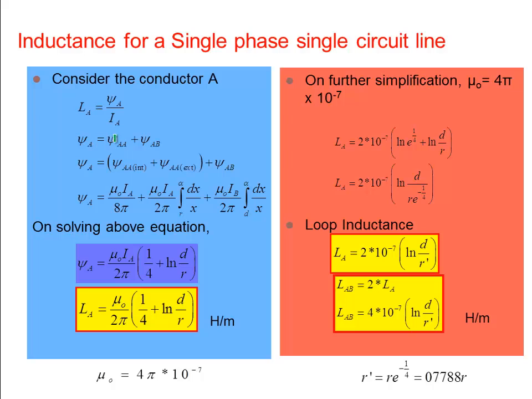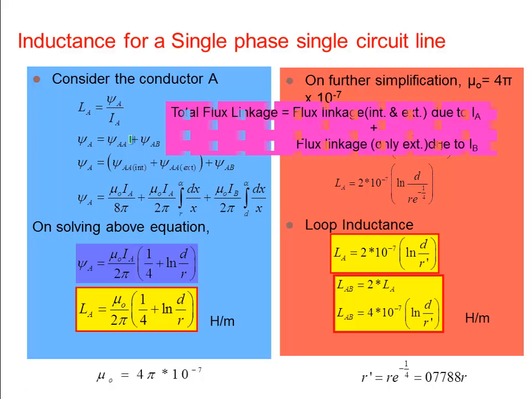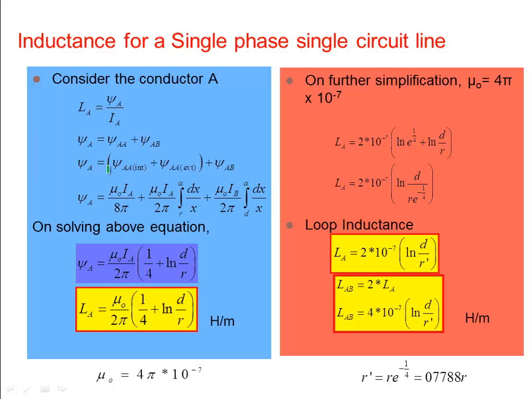Now this form we can write as psi A equal to psi AA internal plus psi AA external plus psi AB. So now you know very well what all the expressions are for these three terms. Mu naught IA by 8 pi is for internal, plus mu naught IA by 2 pi integral of r to infinity dx by x.